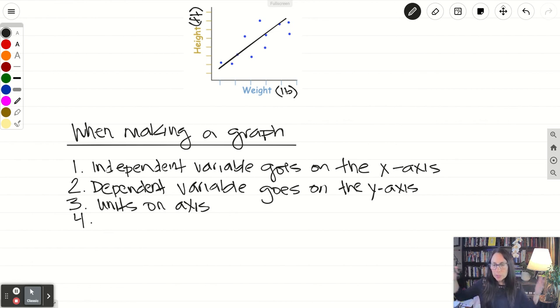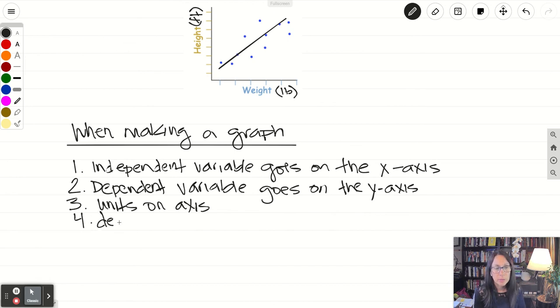If you make your scale too spread out, the points will look funny, or you won't get across the pattern that you want to see. If you make the scale too small, it might get too scrunched up, and again, you might not see the pattern. So you want to keep in mind, what is my scale going to be? Is it going to be really big or really small? What's going to show me the best picture?